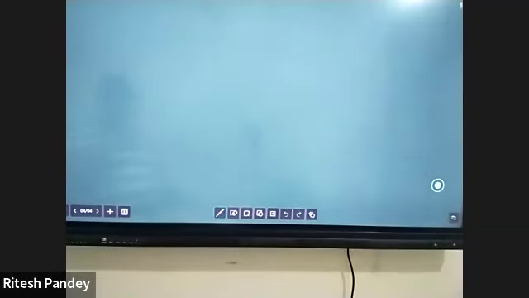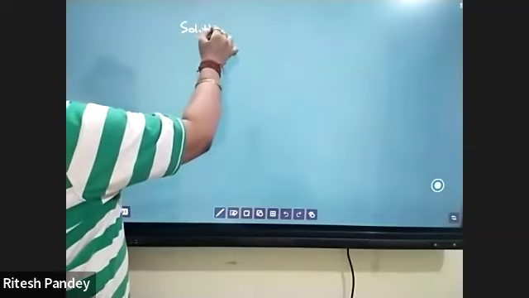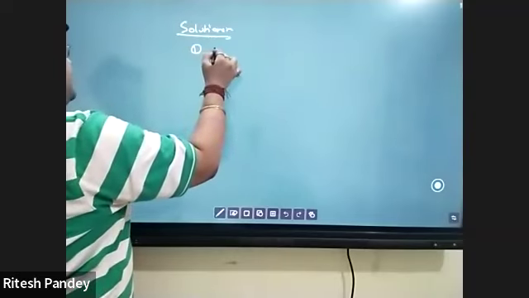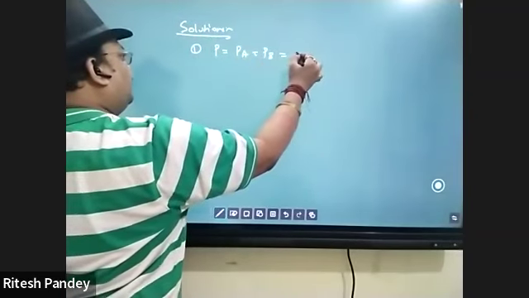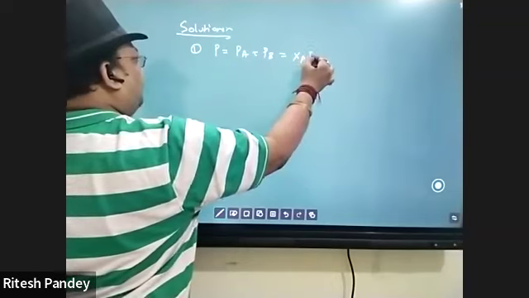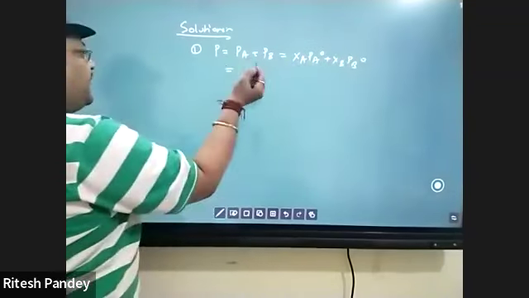Time to talk about colligative properties. Now, in colligative properties of solutions, right away, the first equation which comes to my mind is P is equal to PA plus PB, which is naturally equal to XA PA0 plus XB PB0. Now, remember, this could be written in a particular manner.